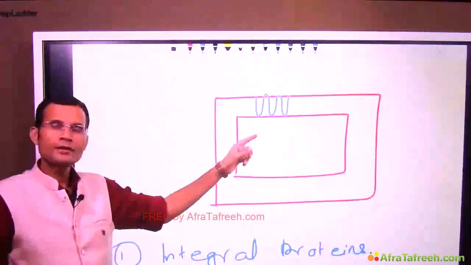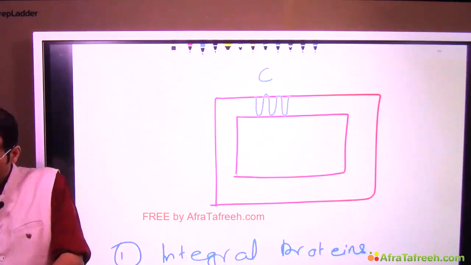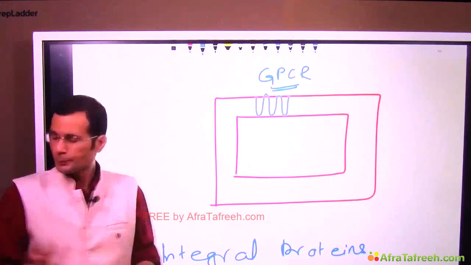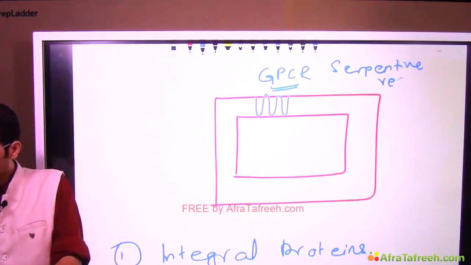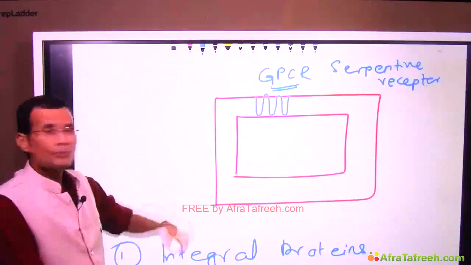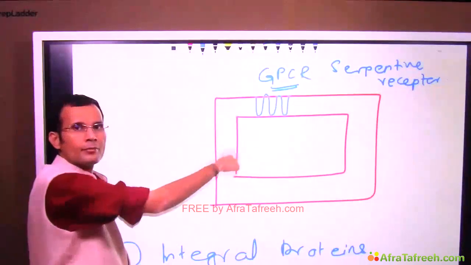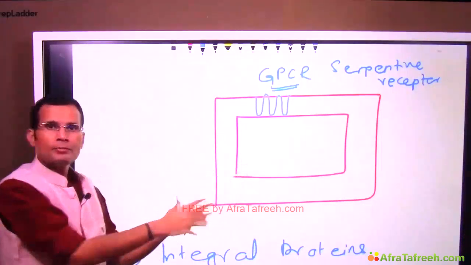Can you guess which protein this is? Yes, it is the G protein coupled receptor. The G protein coupled receptor is also called the serpentine receptor, because you see how it's located in the membrane, like a snake, in a serpentine position.